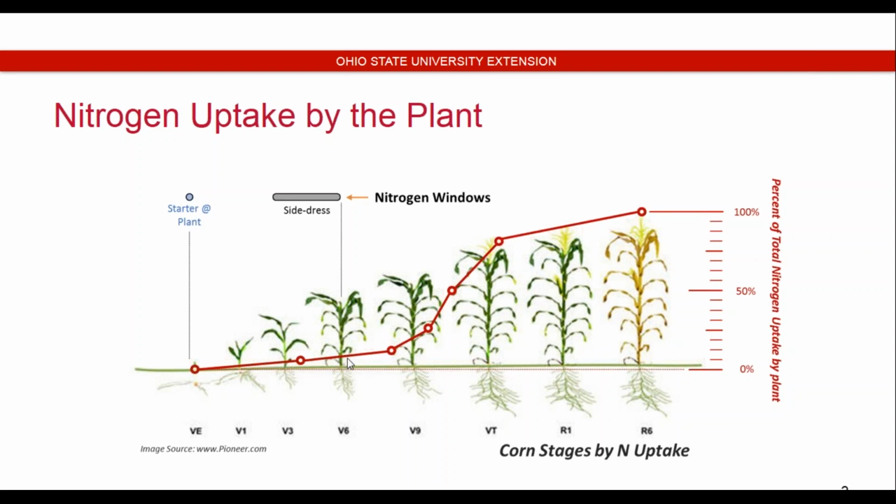So the time between when we put that nitrogen out and when the crop is going to take it up, and that corn crop is really going to start demanding nitrogen after V10, that window is pretty wide, and we're really risking either loss or something happening in between to that nitrogen that can decrease the efficiency.